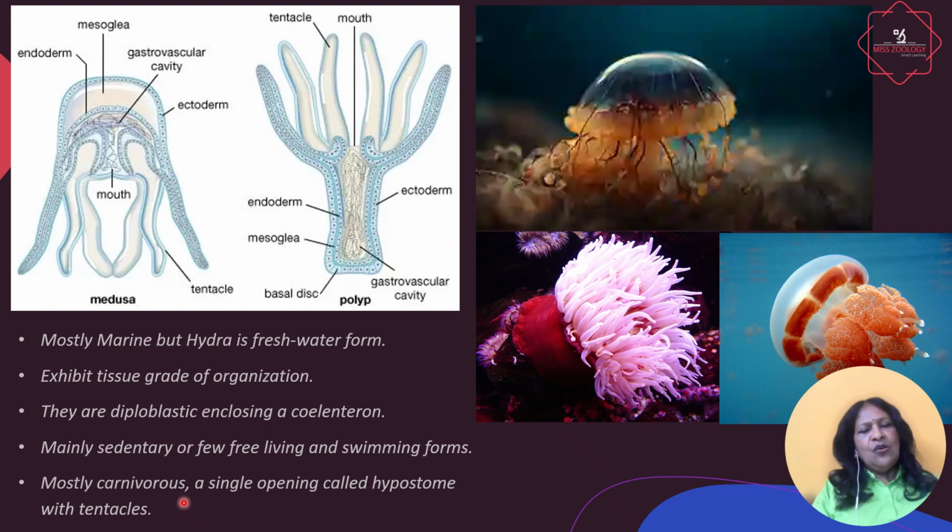There is a single opening called hypostome with tentacles all around. These tentacles allow them to capture their food, also paralyze their prey, and help them to anchor to rock surfaces as well.